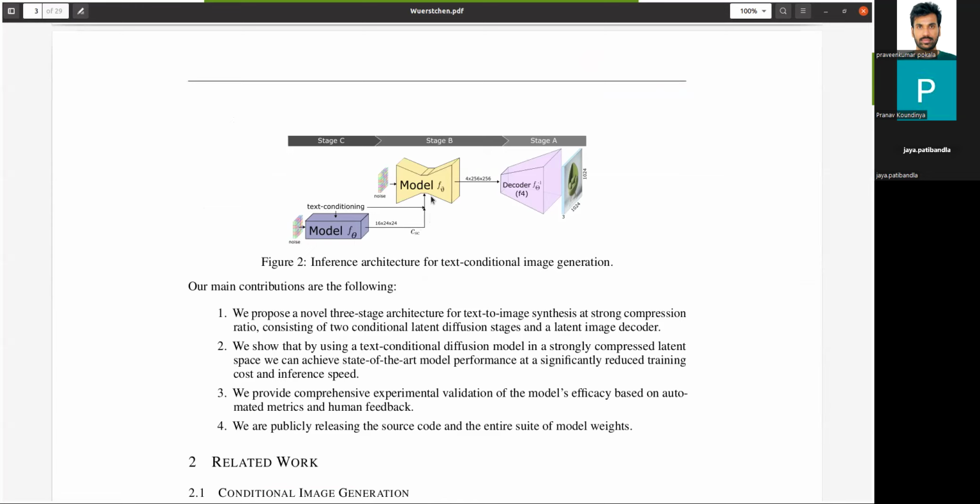This is used to guide the diffusion process of another model, because we are not giving the latent representation as input to the model. In fact, we are using it to condition the second model, and finally we are using another decoder architecture to bring it to the original image space. This is one of the differences we can see compared to stable diffusion.